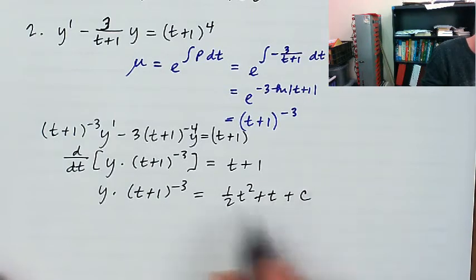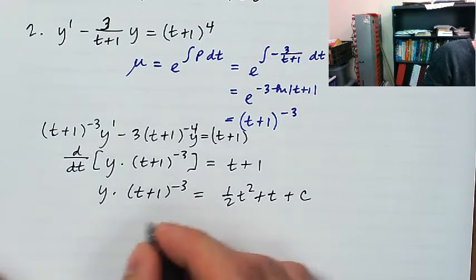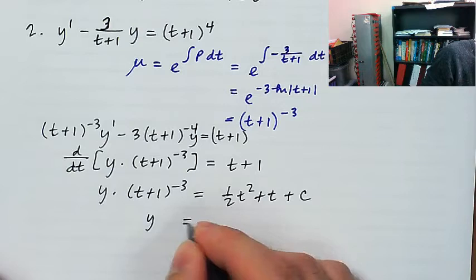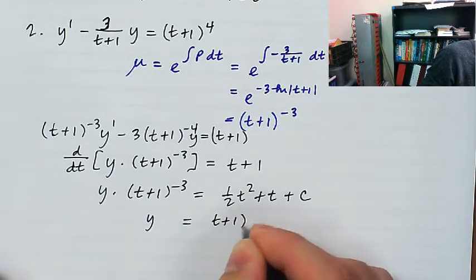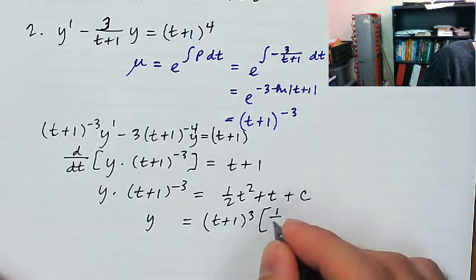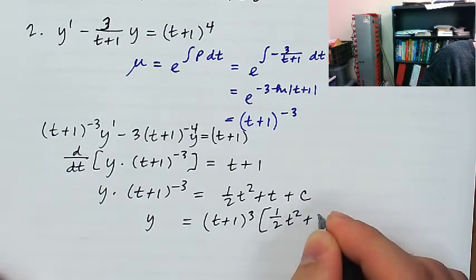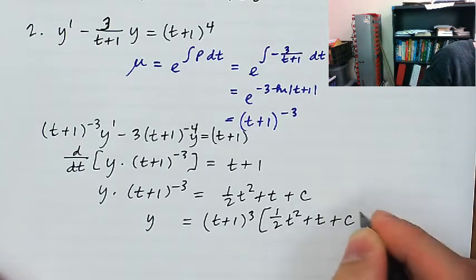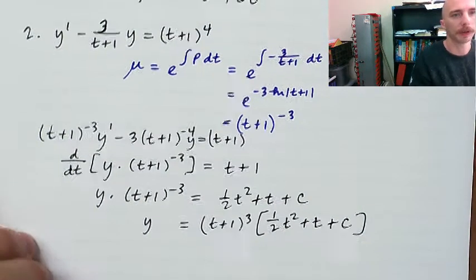And then I think I'll solve for y by just multiplying both sides by t plus 1 to the 3. And that'll be good enough for us here.